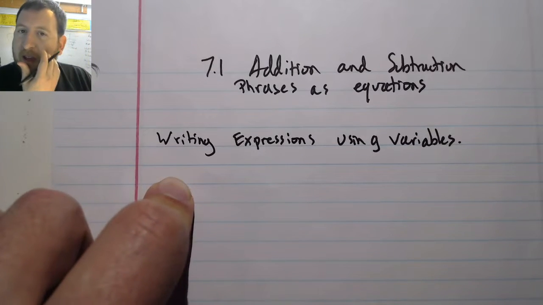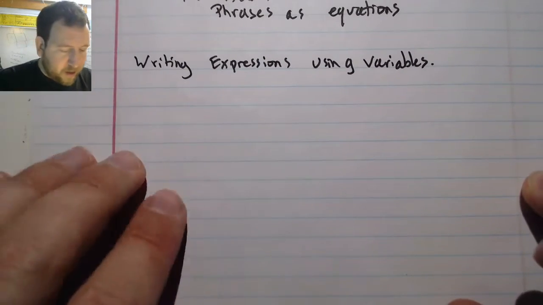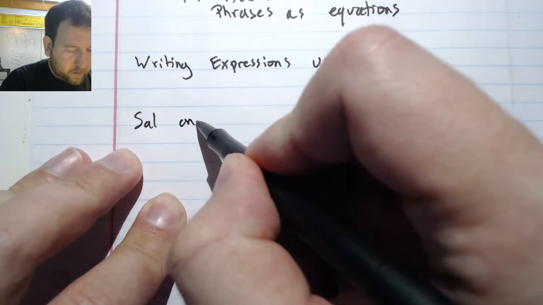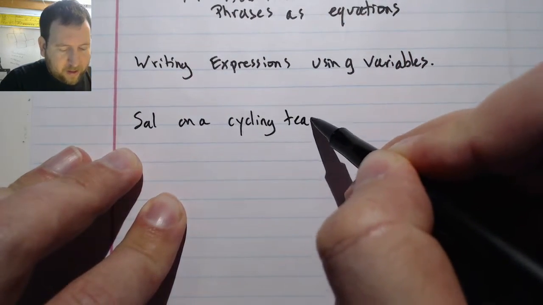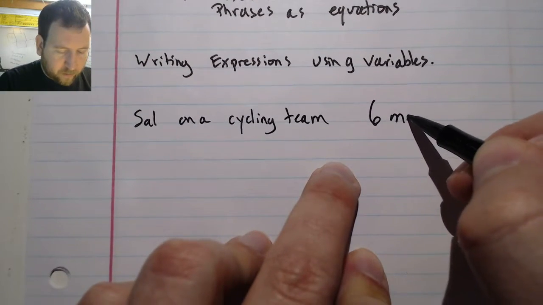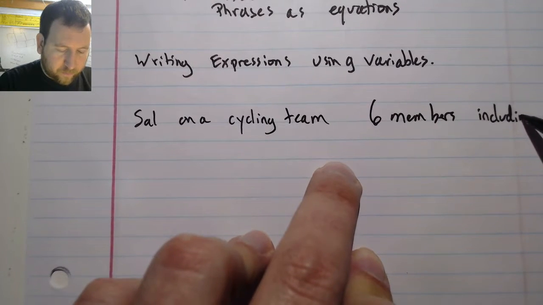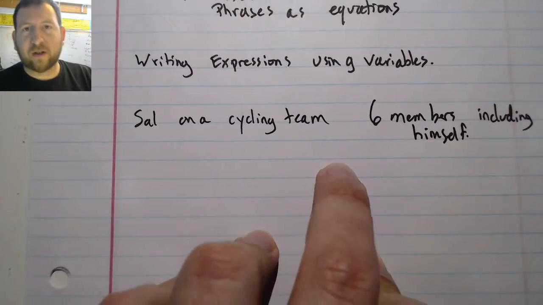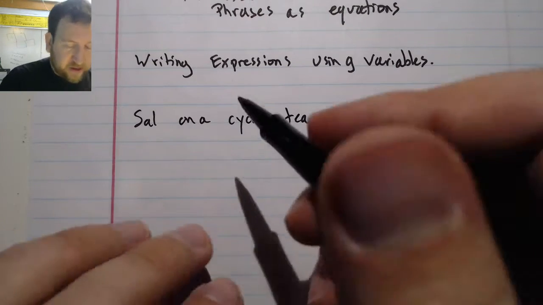All right, now for the example, in this section, they have kind of a cool one. They have Sal, and he's on a cycling team. His team has 6 people, including himself. He wants to register for a race, but the race can only have 138 cyclists.